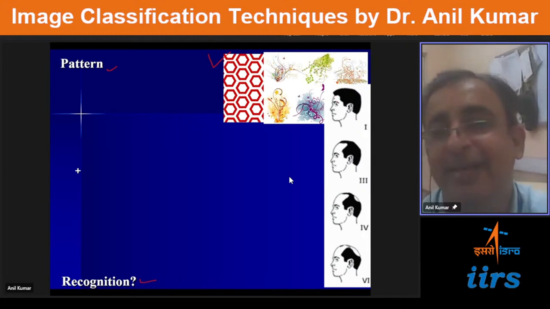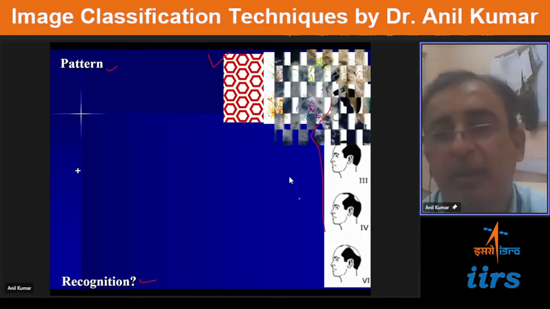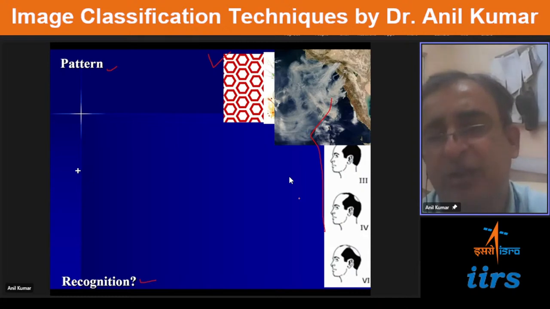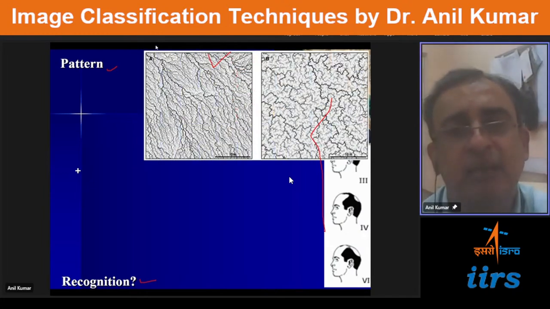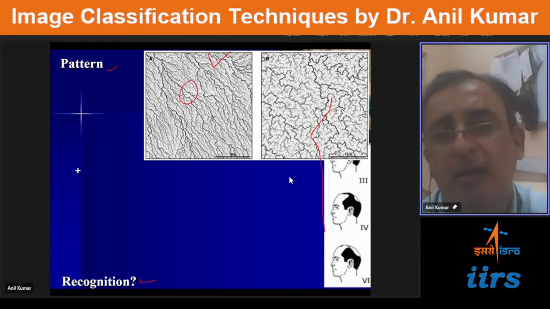It's very funny, but it is very important to understand that in some applications we can use the temporal pattern also. And then you can have some natural random patterns, like the pattern of clouds in the sky. And if you take a digital elevation model, you can have natural streams. They also show natural patterns in these derivatives of the DEM.